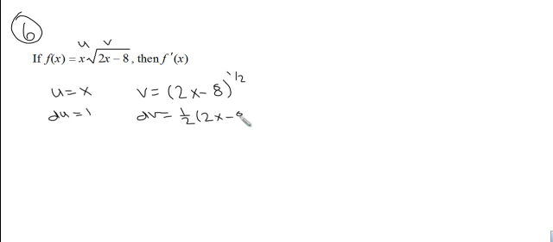Everything on the inside stays the same. When I subtract 1, I have negative 1/2 times the derivative of the inside. So the derivative of 2x minus 8 is just 2. 1/2 times 2 is 1. So the derivative of v is (2x minus 8) to the negative 1/2.